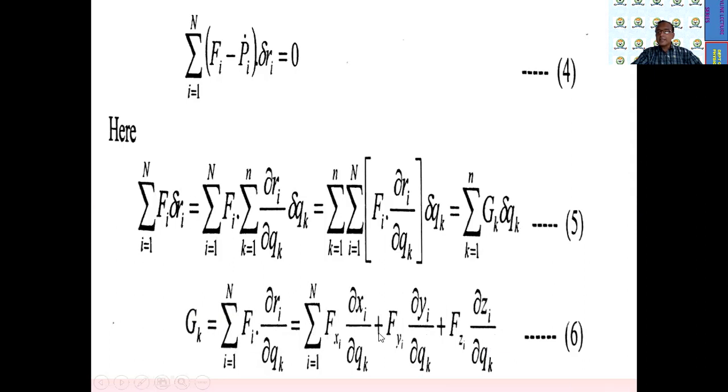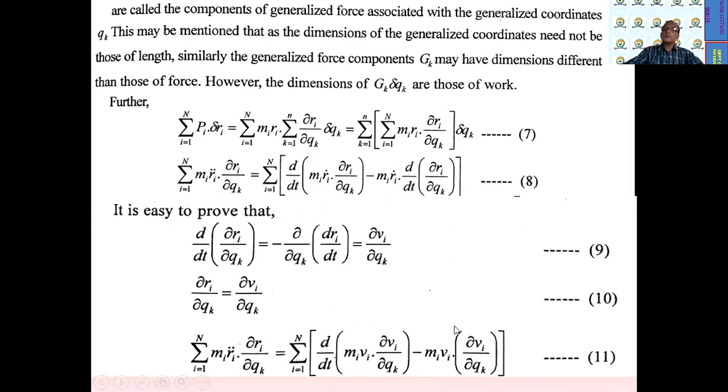And these Fx, Fy, Fz are the components of force associated with the generalized coordinates qk, and it may be mentioned that the dimensions of the generalized coordinates need not be those of length. Similarly, the generalized force component Qk may have different dimensions, and those dimensions can also be put, however, for Qk delta qk and so on.